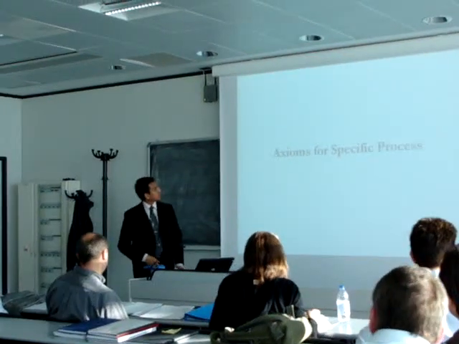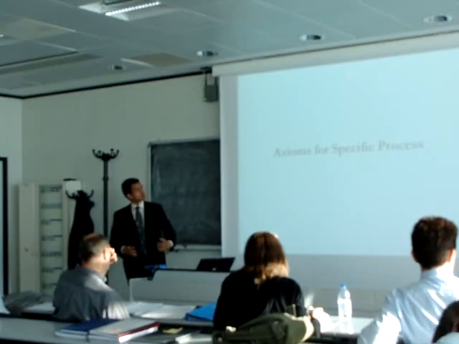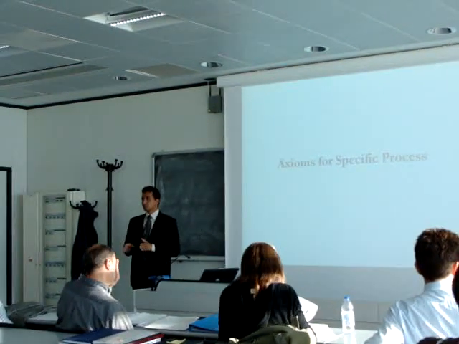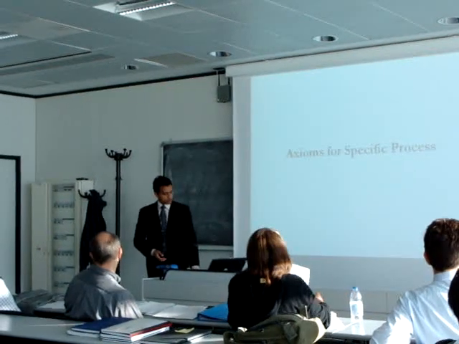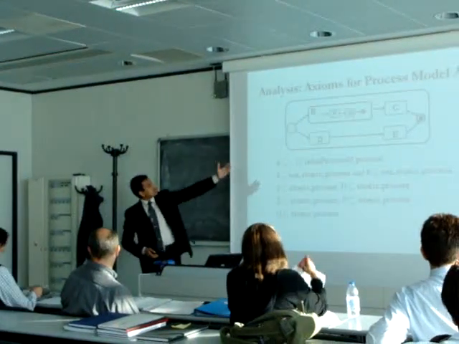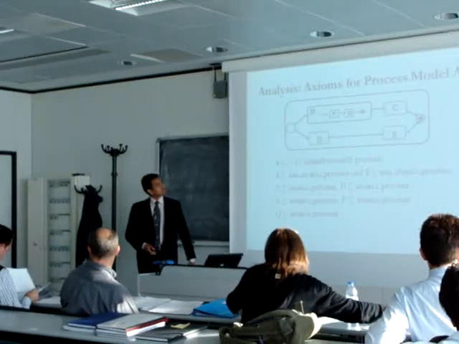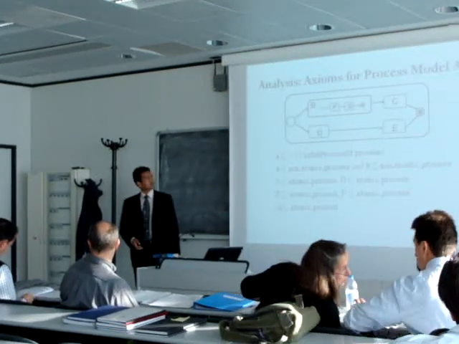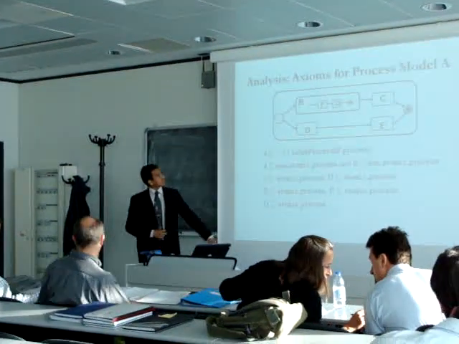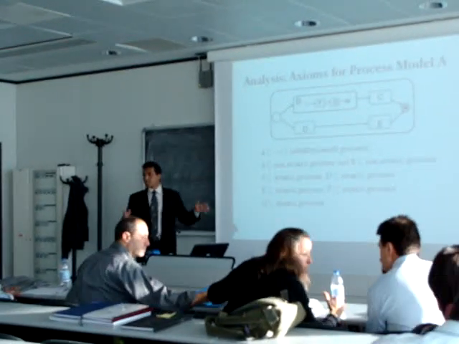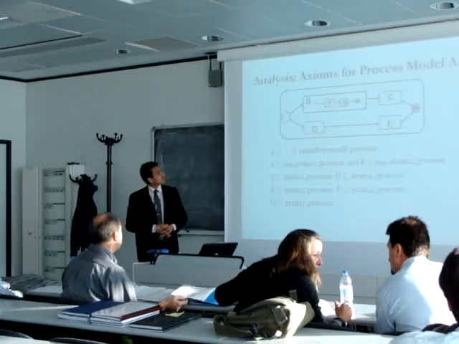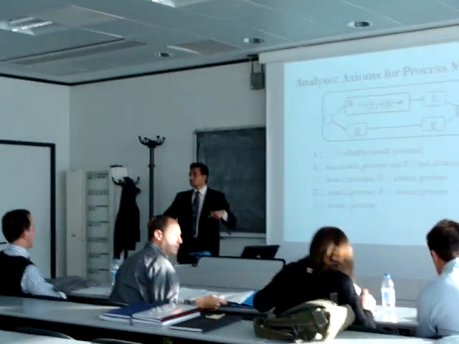Now I will describe the axioms that we formalize for the process specifics that we design in the Monkey Process Editor. We take this simple process model in the Monkey Process Editor, and we can put these axioms. For example, the process A that we define in this process editor cannot be a subprocess of any process.